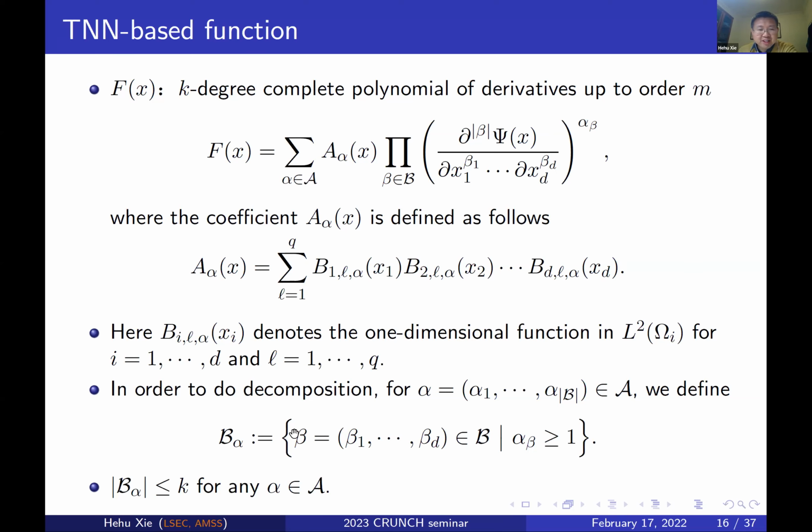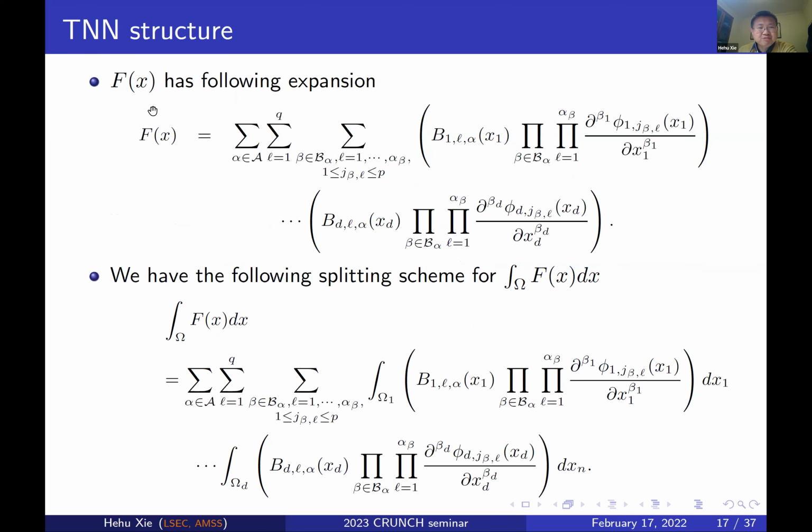For this way, this is some type of index. For this type of functions, it's also this tensor product way. So for these functions, always we need to do the high dimensional integration, but you only need to do the one dimensional.